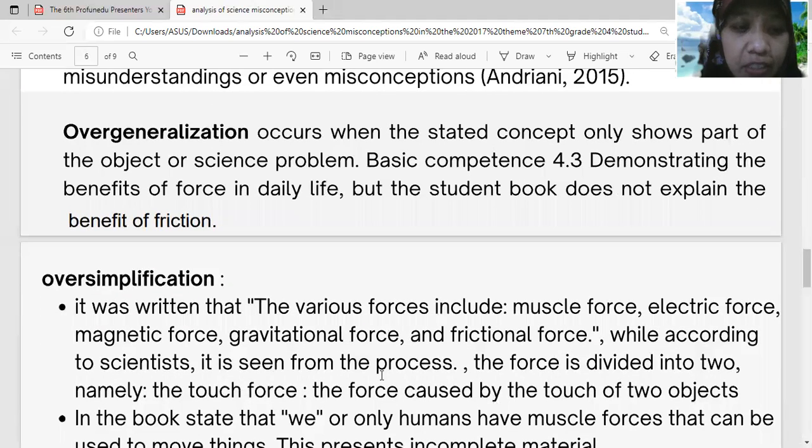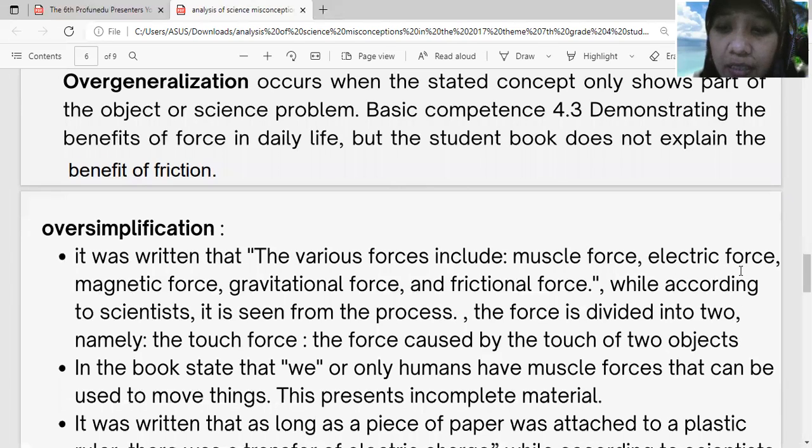About oversimplification, it was written that the various forces include muscle force, electric force, magnetic force, gravitational force, and frictional force.